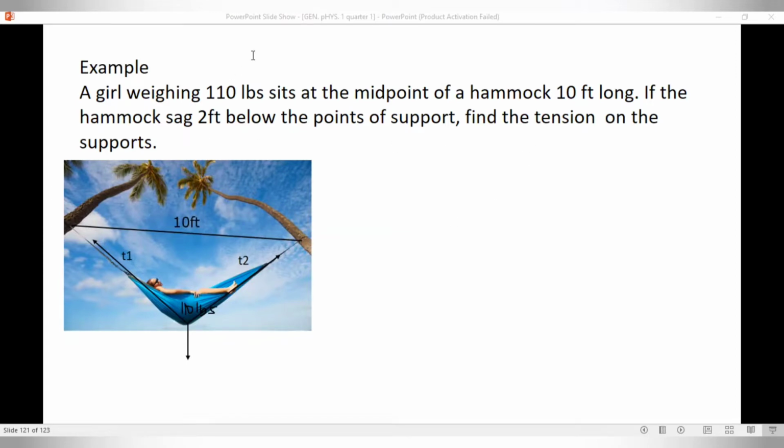So, paano kung itong hammock or duyan nagsag ng, ulitin natin, hindi pwedeng ganyan, dapat straight.